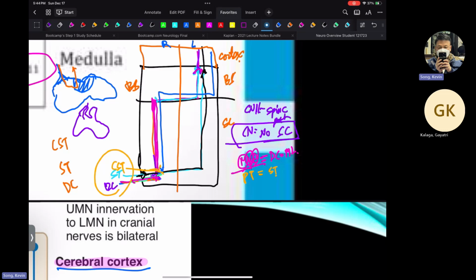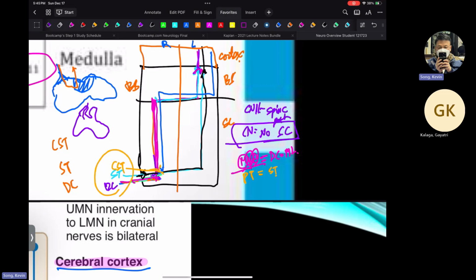Let me use another example for the spinothalamic tract. The blue line here, that's a spinothalamic tract. Sorry, in the spinothalamic case, the black line, this line right here, that's the spinothalamic tract. Now let me ask you questions.